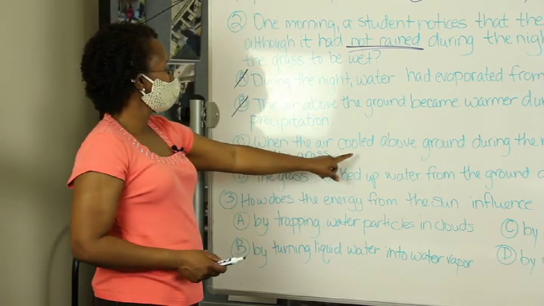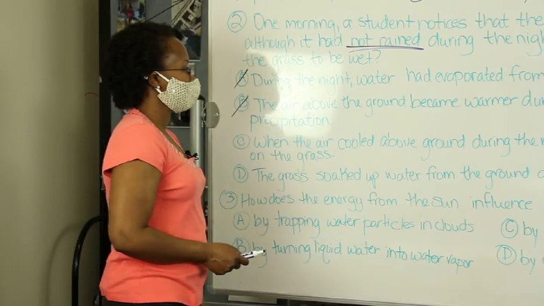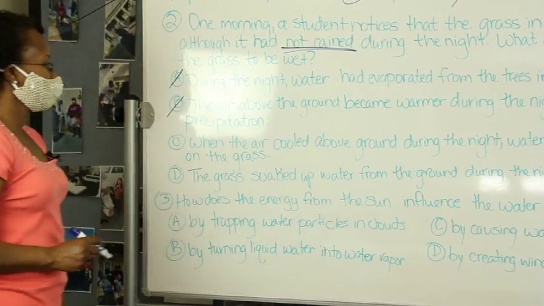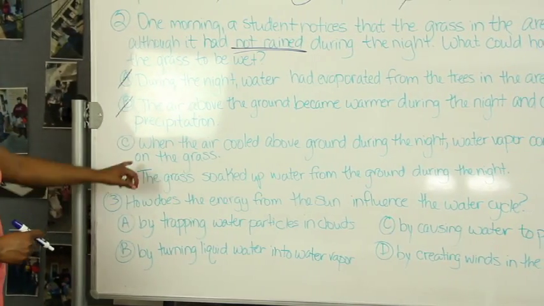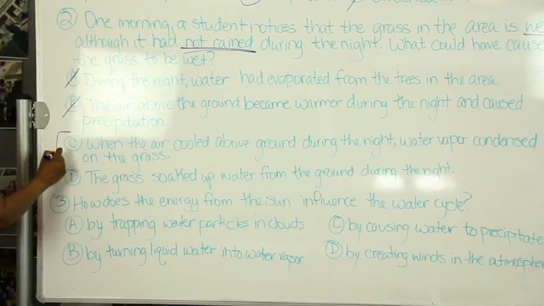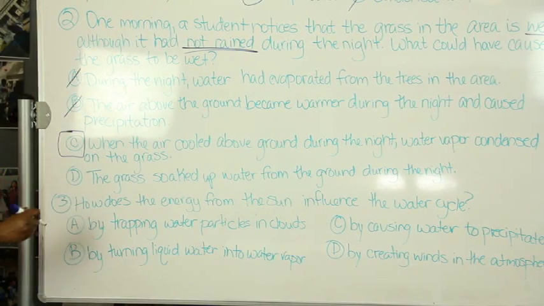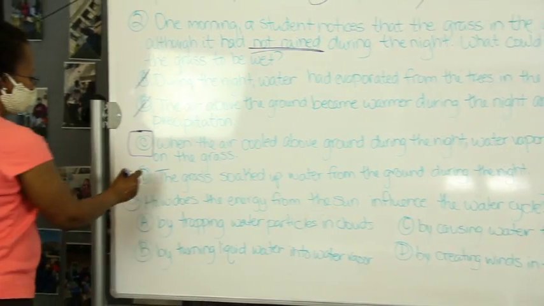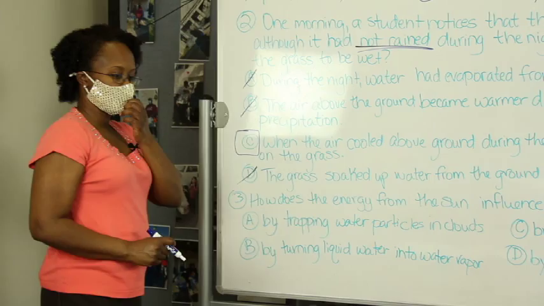It cools off at night, and that would explain how the water vapor turned into water droplets on the grass. So I would go with C here, okay, because it's the best answer. And I would mark out D. All right?